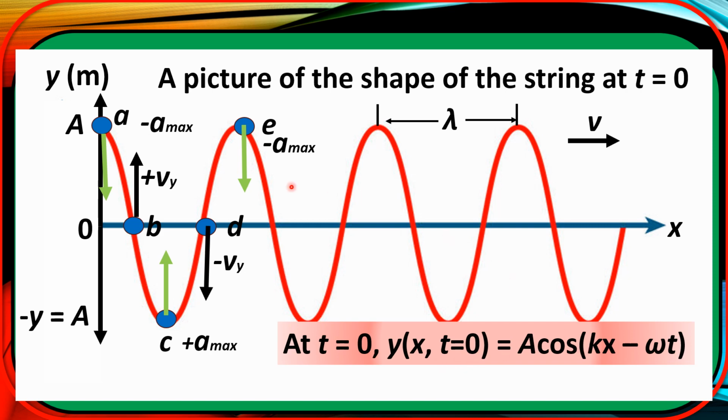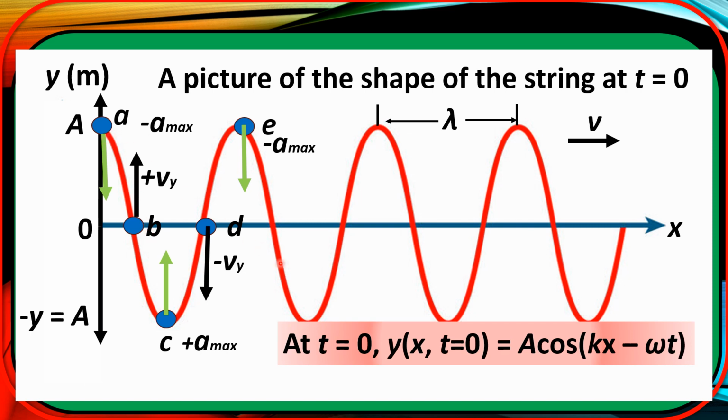But in this graph, we are referring to, for example, x equals 0. In other words, the particle at the maximum y displacement, such as particle A.